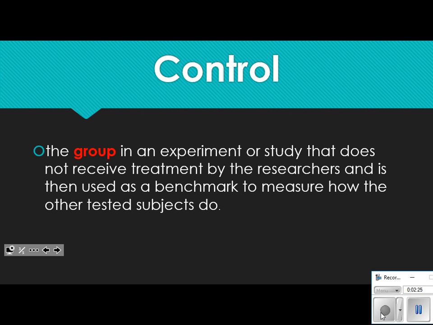The control is the group in an experiment or study that does not receive treatment by the researchers and is then used as a benchmark to measure how the other tested subjects do. So basically, the control is what the researcher uses to look at to see how the other parts of the experiment were affected.